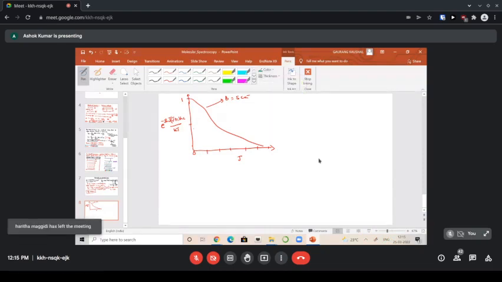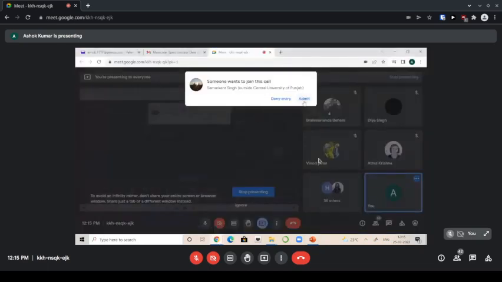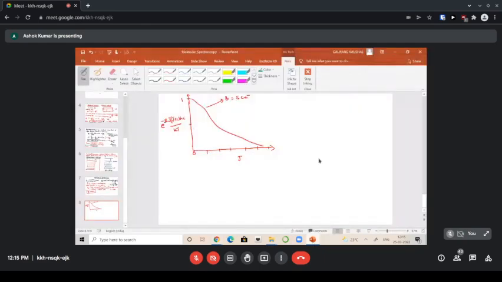Another curve will be for a larger value of B, so it can be like this. This is for B equal to 10 centimeter inverse.